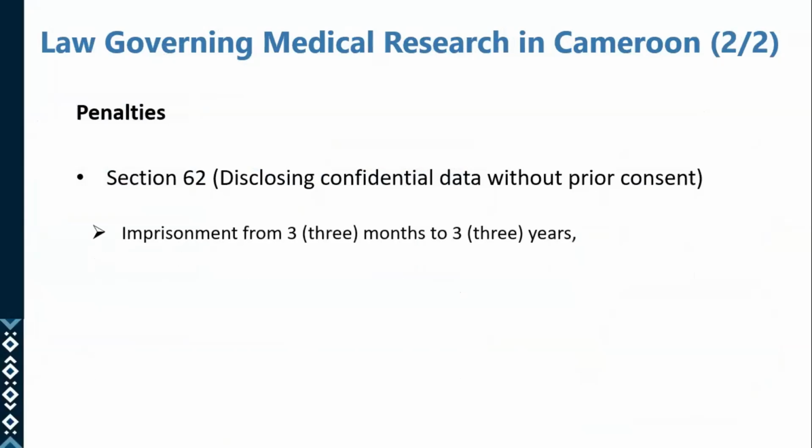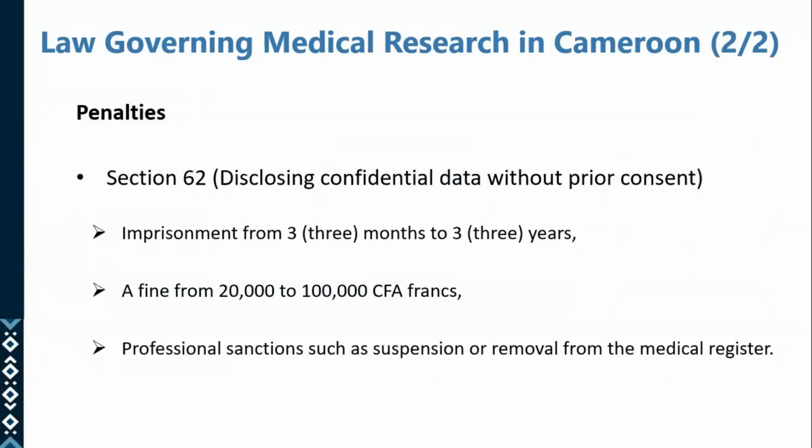You will be in prison from 3 months to 3 years, a fine from 20,000 to 100,000 CFA francs, which is even relatively small, but it's okay, and professional sanctions, especially in the medical fields, such as suspension or even removal from the medical register.